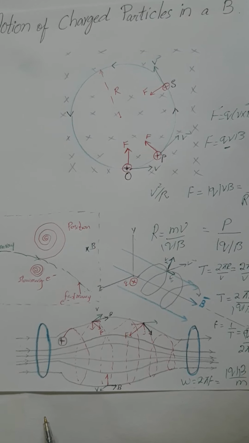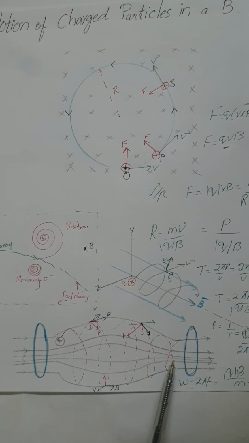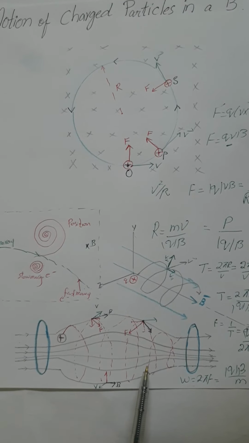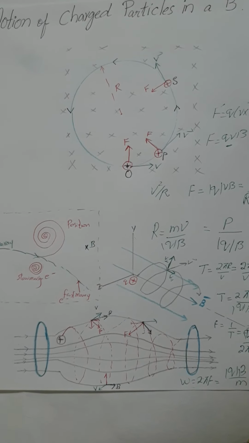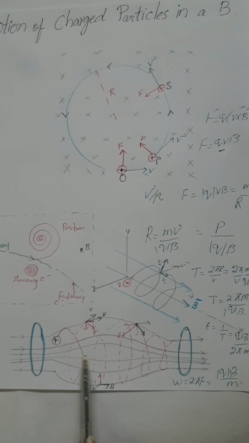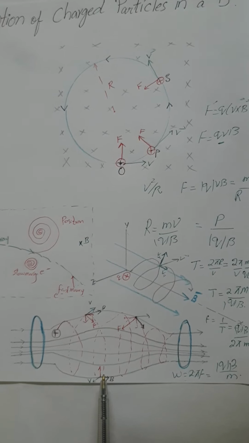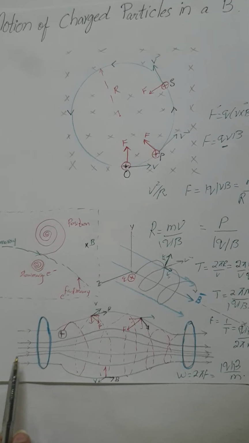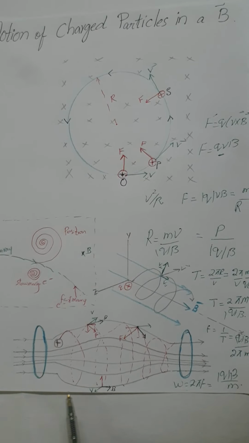Because charged particles can be trapped in such a magnetic field, this is called a magnetic bottle. This technique is used to confine very hot plasmas with temperatures of the order of 10^6 Kelvin. In a similar way, the Earth's non-uniform magnetic field traps charged particles coming from the sun in donut-shaped regions around the Earth.